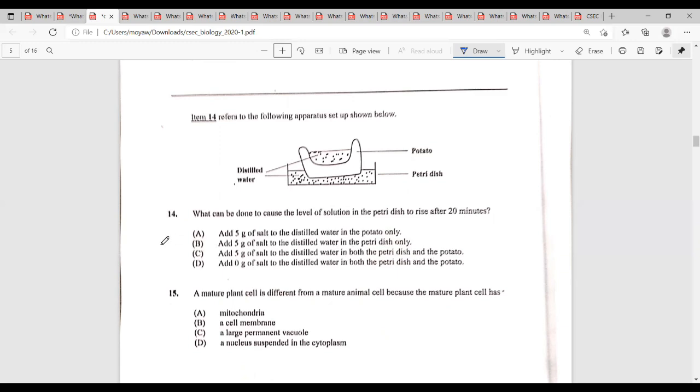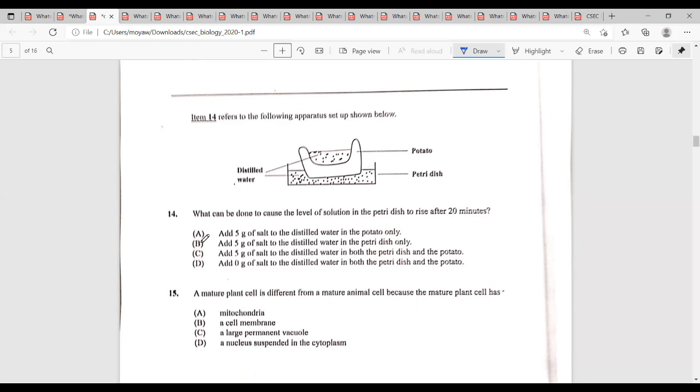So if we want to get more water in the Petri dish, so we want water to move from inside the potato to the outside to the Petri dish, and for that to happen, then guess what, we must have more water in the potato for it to move, and that means we need to have less water in the Petri dish. Hence the Petri dish should contain more solution.